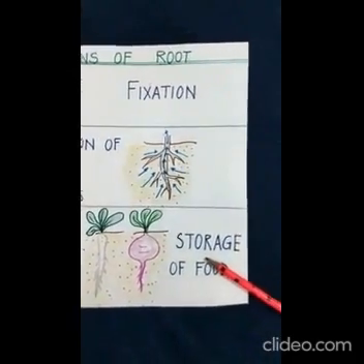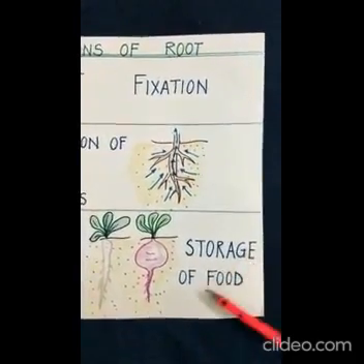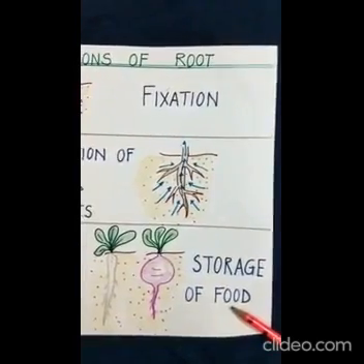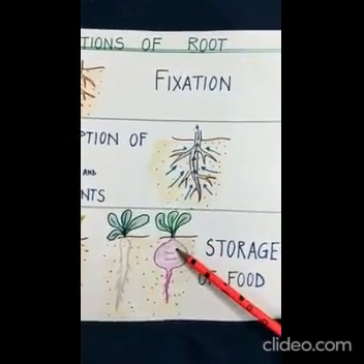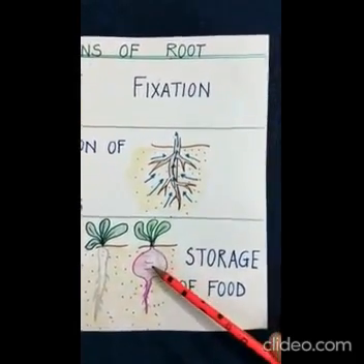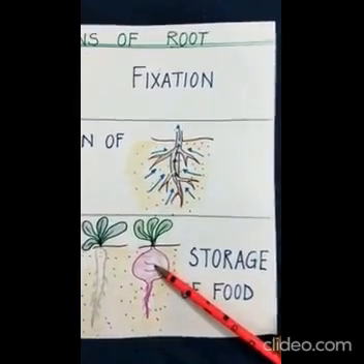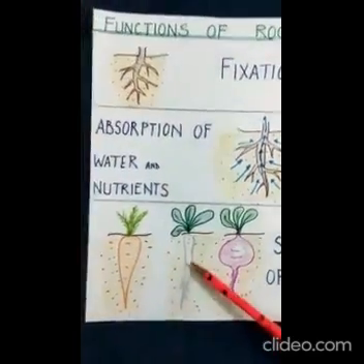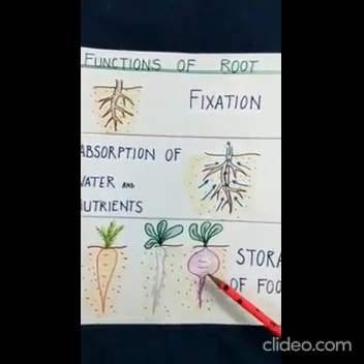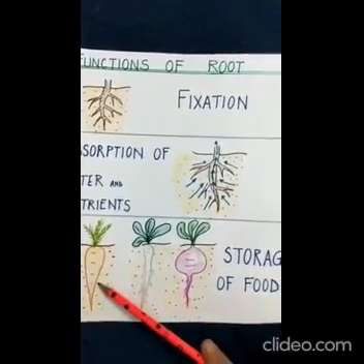The third function is storage of food. Children, in some plants, roots, they store food and become thick and fleshy. You can see these swollen roots. Can you identify this?